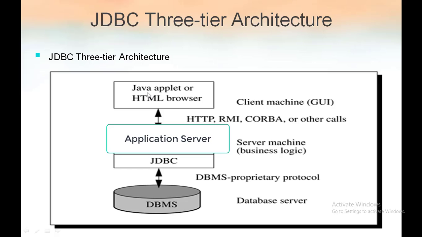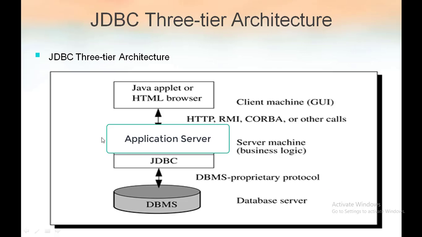In the first tier, a Java applet or HTML browser is available for designing. Here your GUI is available. The first tier is connected to the middle tier using HTTP, RMI, CORBA or other calls. The middle tier is connected with the DBMS using the DBMS proprietary protocol.